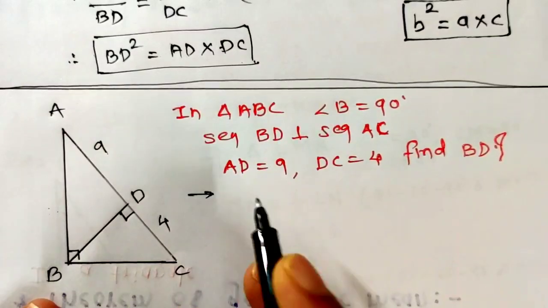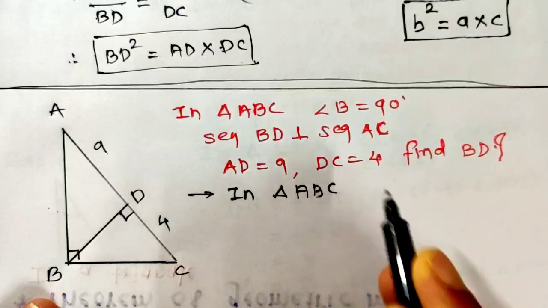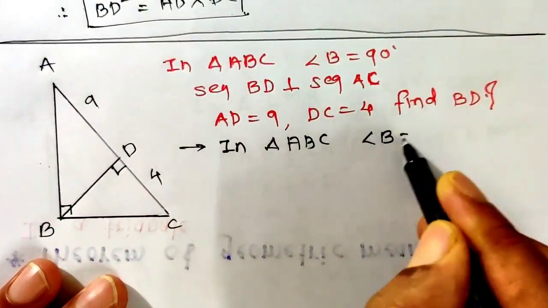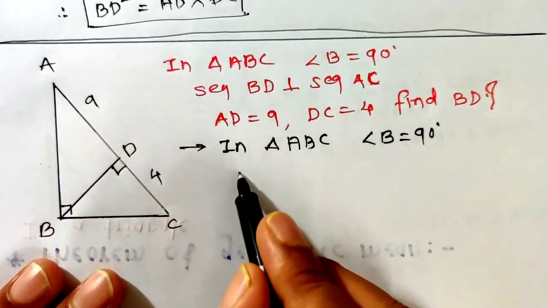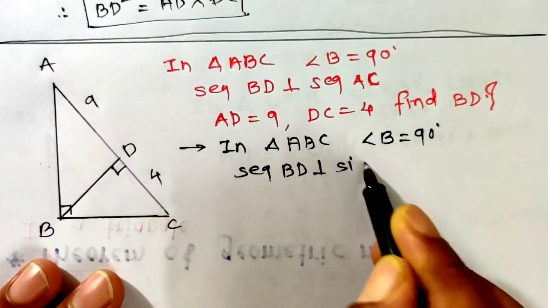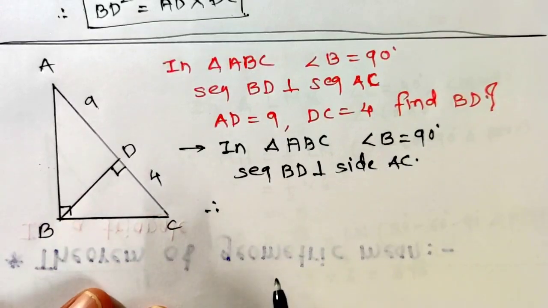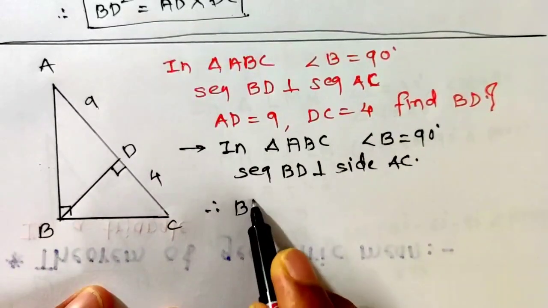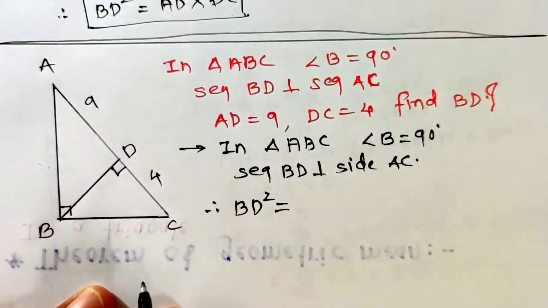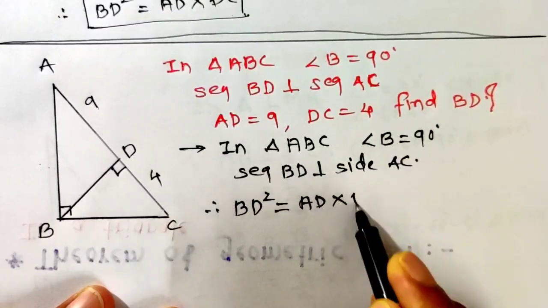So how to write the answer? In triangle ABC, angle B is 90 degrees and segment BD is perpendicular to side AC. Therefore, by the property of geometric mean, BD square, the perpendicular segment square, is equal to the product of the two segments AD into DC.